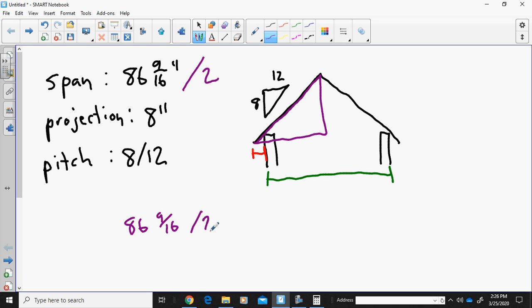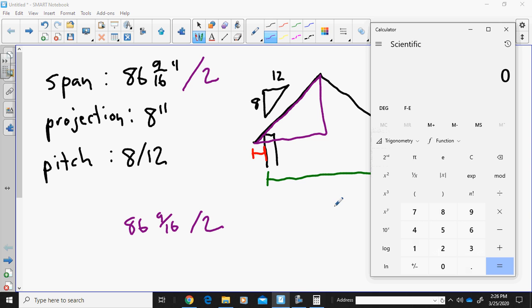We're going to divide that by 2. With your calculator, if you've got your desktop calculator, I'm going to do 86 plus 9 divided by 16 equals, and that's going to give me 86.5625 is the decimal equivalent.